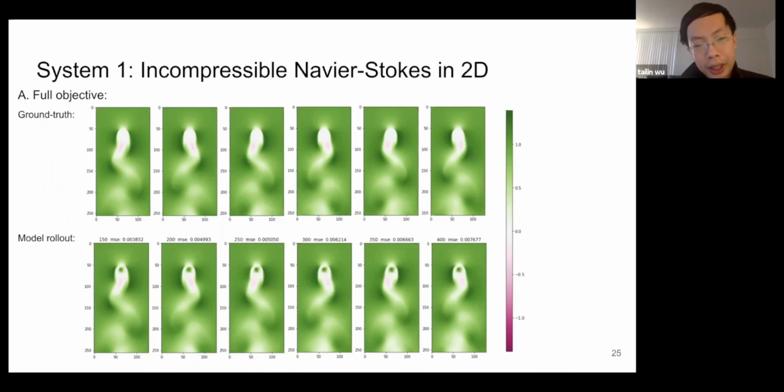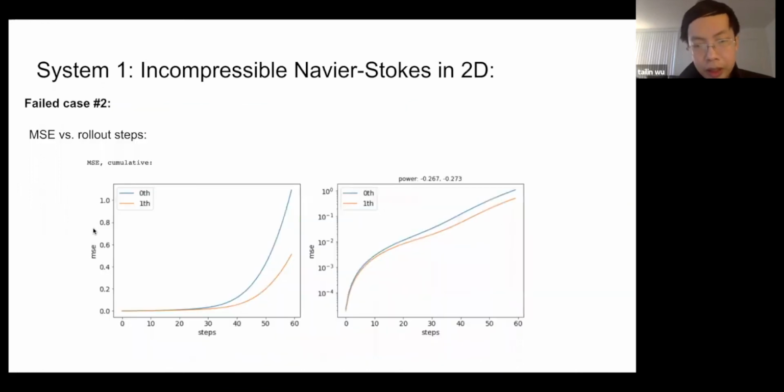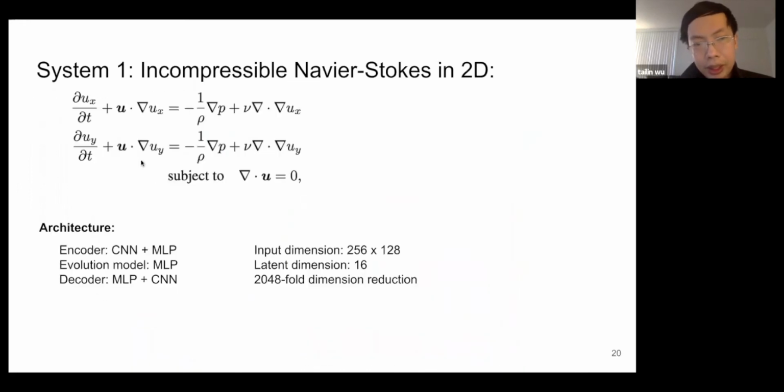Here, we perform our evaluation using a different test set with a different Reynolds number. We train on 5 different trajectories, each corresponding to a specific Reynolds number, but for testing, we use a different Reynolds number. So we are really testing the generalizability of our model to different scenarios.